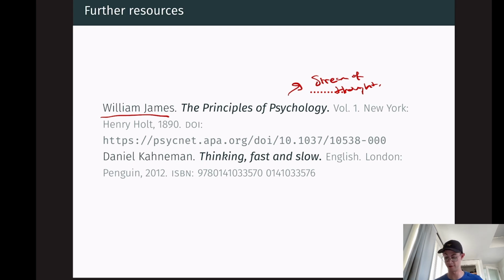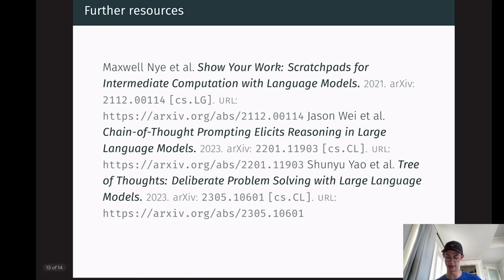Thinking, Fast and Slow is also a great popular book for bringing an analogy to language models and thinking about how to implement some of that psychology into them. And then furthermore, there are some of the papers that came before the STaR paper on rationales, also related to few-shot prompting of LLMs.